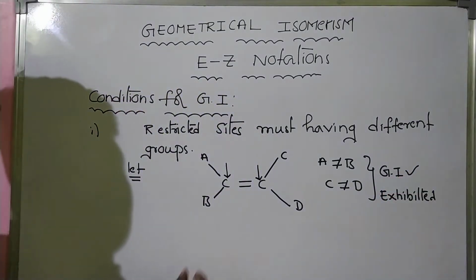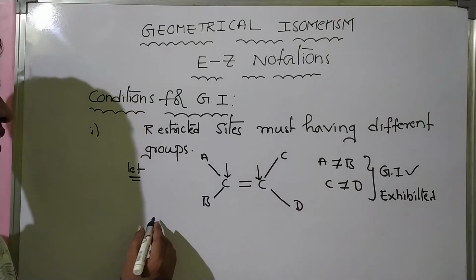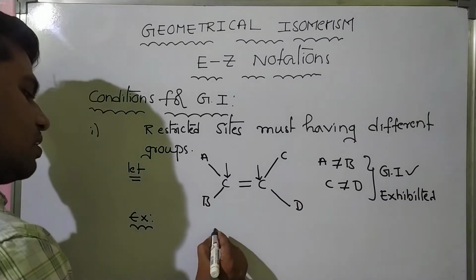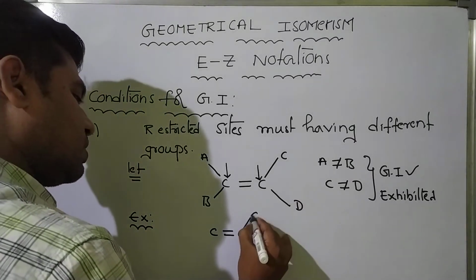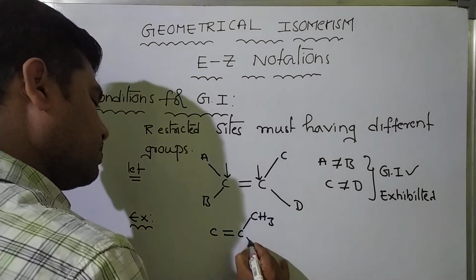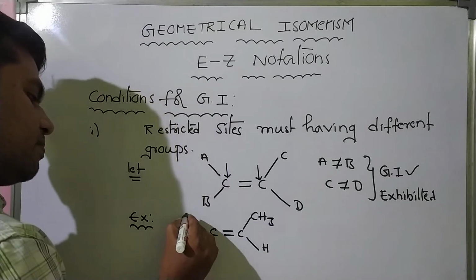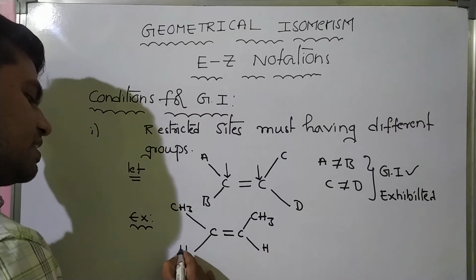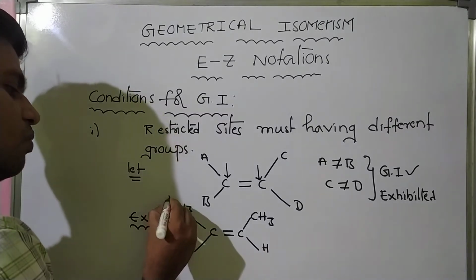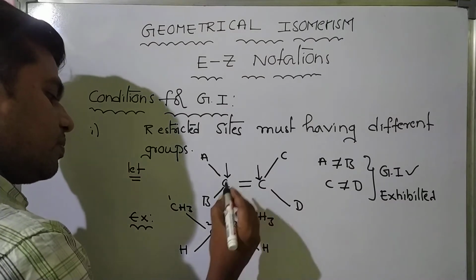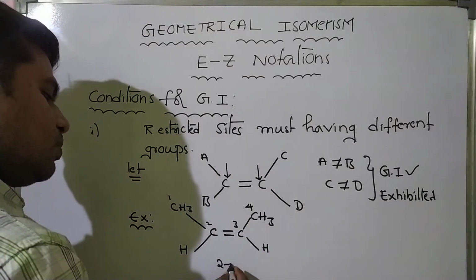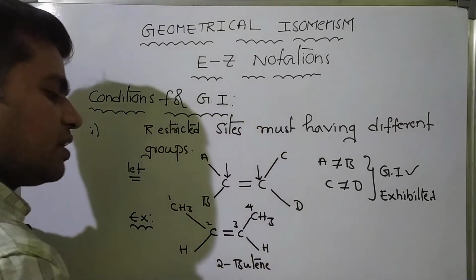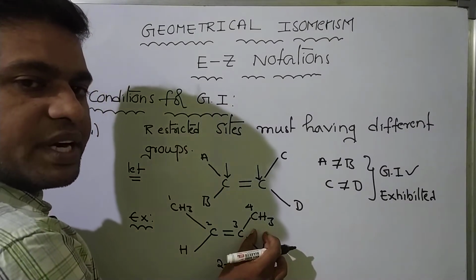Okay, students. Now we will write two examples. C double bond C. This is a methyl group, this is a hydrogen atom. This again a methyl group, this is hydrogen. This is 2-butene. Now we will check whether the given compound will exhibit geometrical isomerism or not.